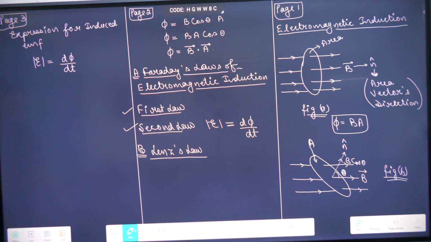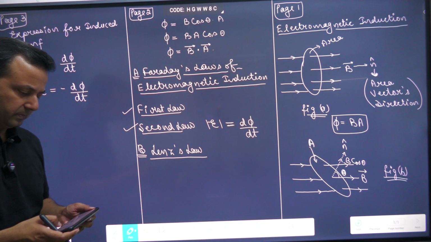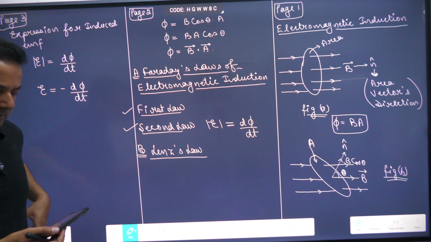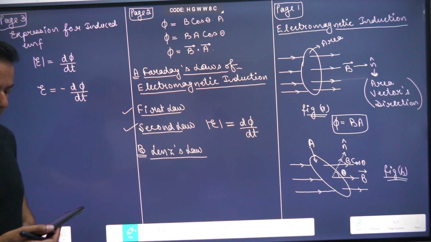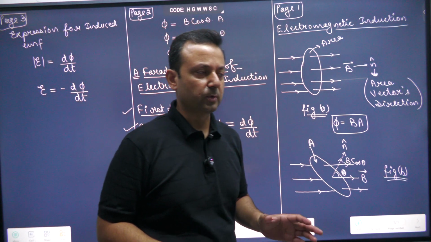Taking into account Lenz's rule for the direction of induced EMF, Faraday's law takes the form E is equal to minus d phi by dt. Minus d phi by dt means Lenz law states that the direction of induced current is such that it opposes the cause which produces it.